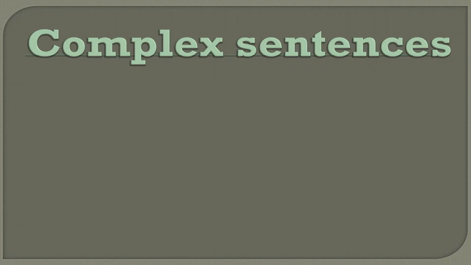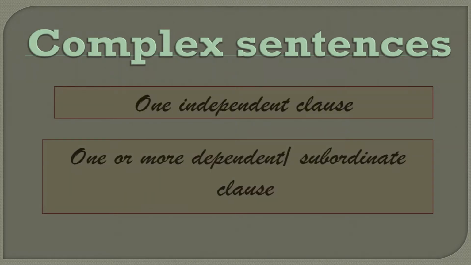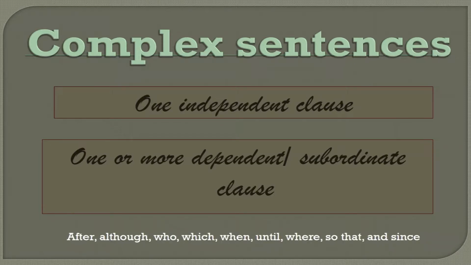A complex sentence has one independent clause and one or more dependent or subordinate clauses. Each dependent or subordinate clause starts with words such as after, although, who, which, when, until, where, so that, and since.